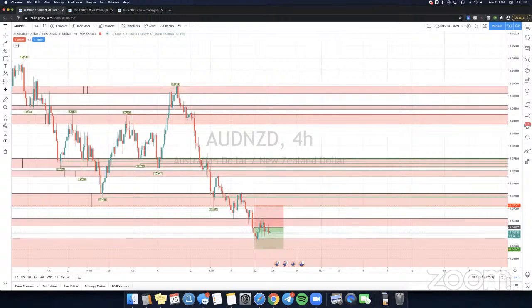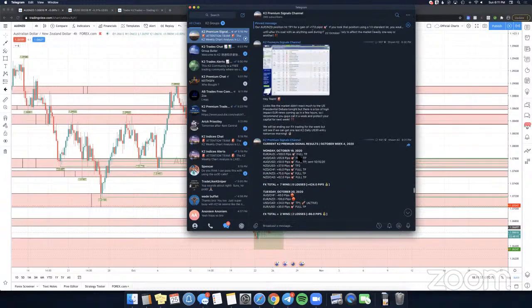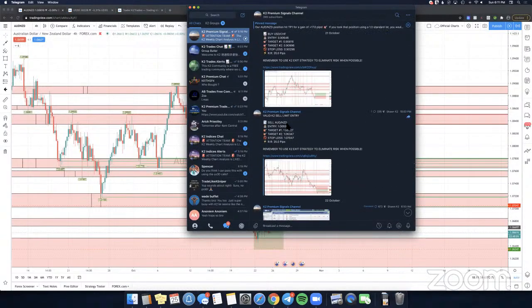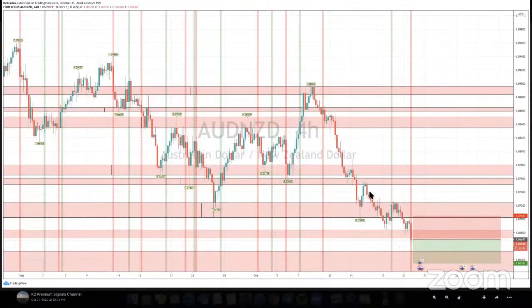So, basically if you're just copying my trades, like if I send the trade like I did last week, like this AUD-NZD trade. If I sent this trade at 10 p.m. on the 4-hour time frame, you can enter it on any time frame, really: the 1 minute, 2 minute, 3 minute, 5 minute, 10 minute. It wouldn't make a difference, because my analysis was already drawn up on the 4-hour.